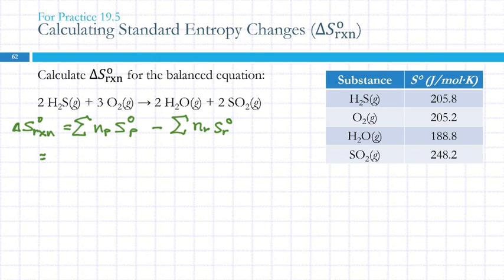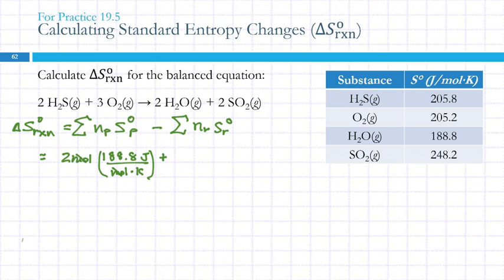So we have 2 moles of water, and we're going to multiply that by the molar entropy, 188.8, and that's joules per mole Kelvin. When we multiply those, the moles cancel out, and we've got joules per Kelvin, the unit of entropy.